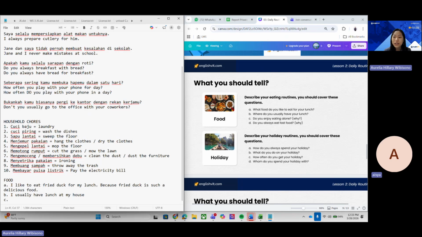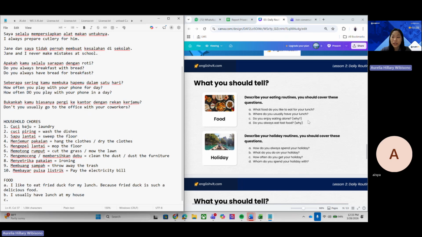Before I ask the question, number C is a yes or no question. So usually it starts with the question word do, followed by the subject. For this kind of question, before you mention your answer, you have to answer with only two options: yes, I do, or no, I do not.